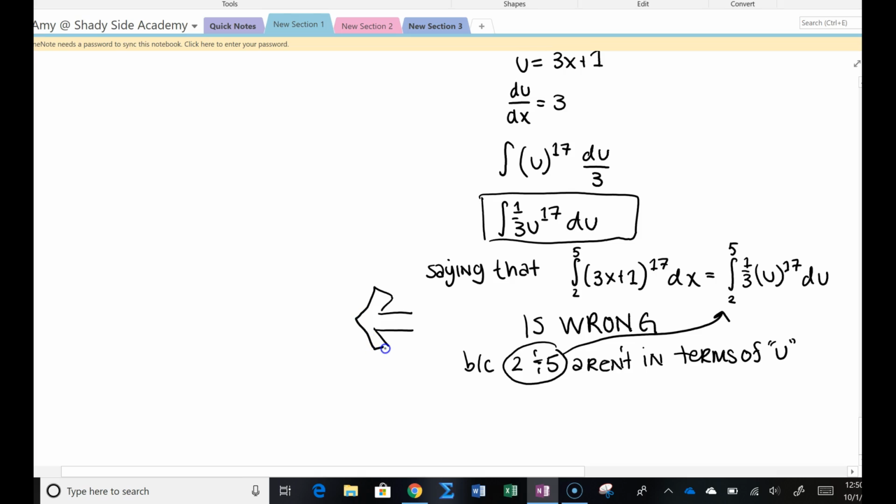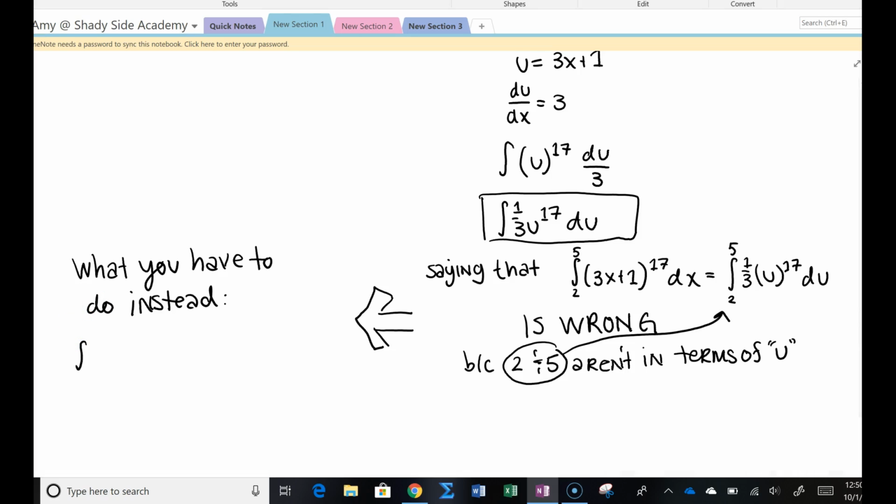This is going to become, can I please have the antiderivative of 1/3 u to the 17th? It's 1/3 u to the 18th over 18. Is that fair? Okay. And then we are evaluating this at, now look at my notation, 7 to 16.